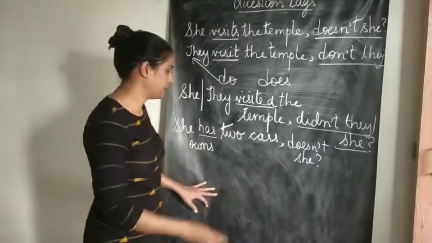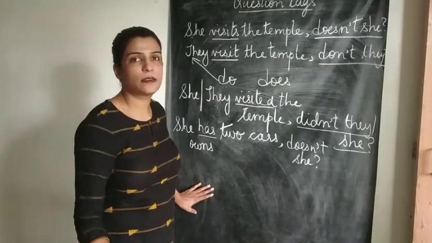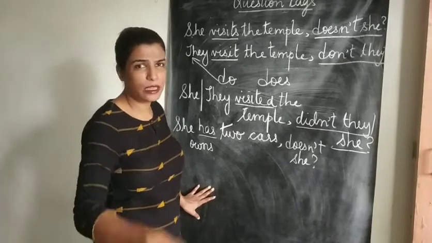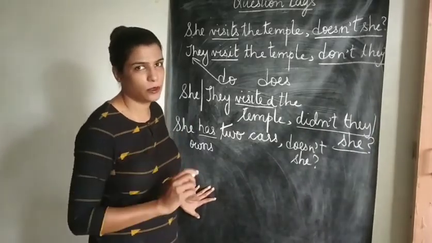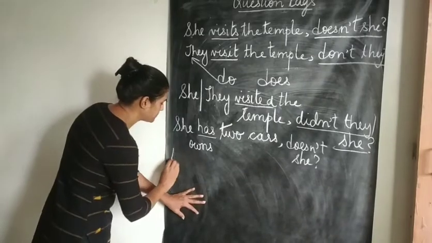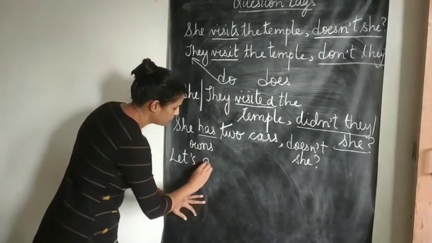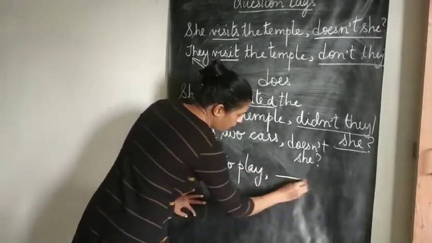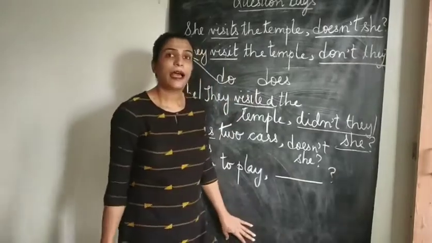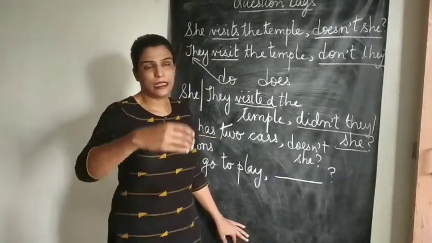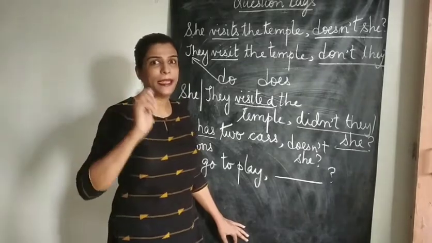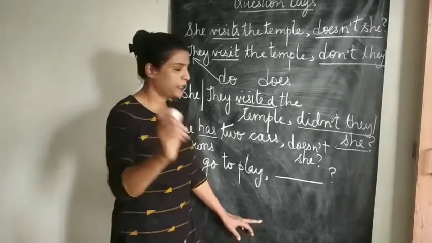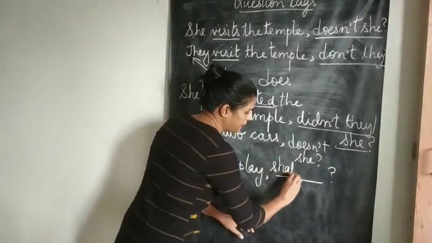One more last thing. If somebody offers you something, like if I have to ask you a question and then give you an offer, whether or not you will accept is your discretion. I would say, let's go to play. Okay, this is an offer. I am offering you whether you could come with me to play. The only and only answer for any kind of offer, the question tag would be shall we.